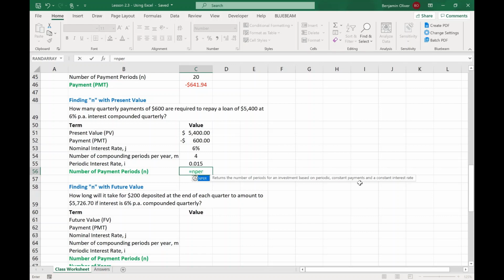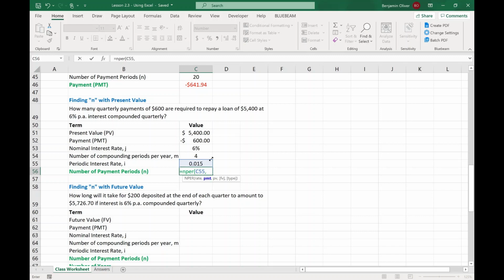Okay, so again, I stress that to you that your payment and your interest rate can't change, or you have to then restart that formula at that period in time where one or both of those changed. So we have our number of periods, NPER, and now here's what it's asking us for. Our interest rate, remember it's always the periodic rate of interest in these questions.